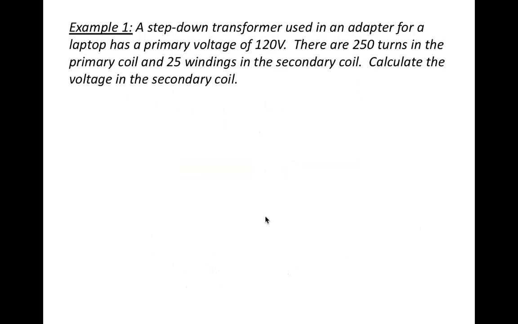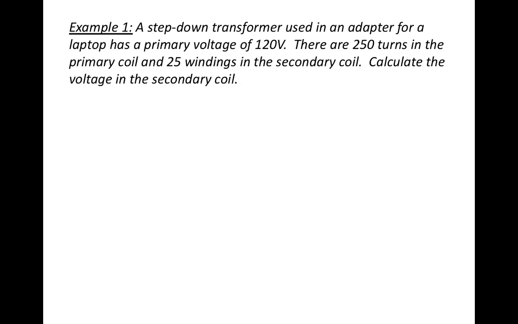So let's try an example. We have a transformer used in an adapter for a laptop that has a primary voltage of 120 volts. There are 250 turns in the primary coil and 25 windings in the secondary coil. Calculate the voltage in the secondary coil. So you know when you plug in your laptop, there's sort of that rectangular piece, and you'd say, oh, do you have the adapter?